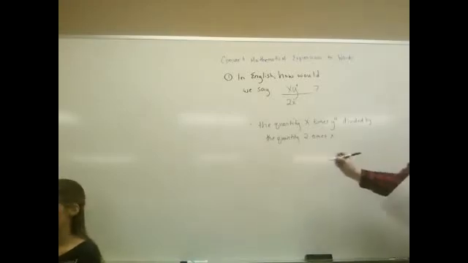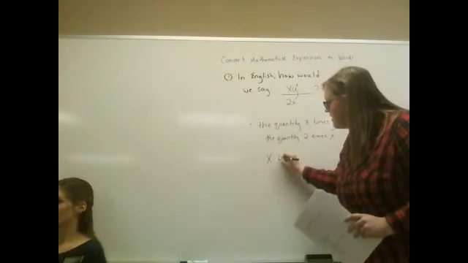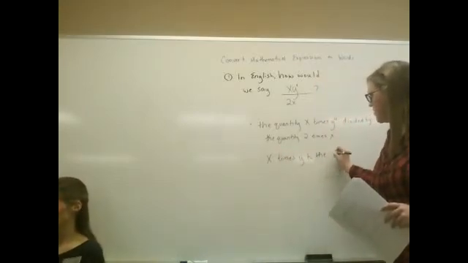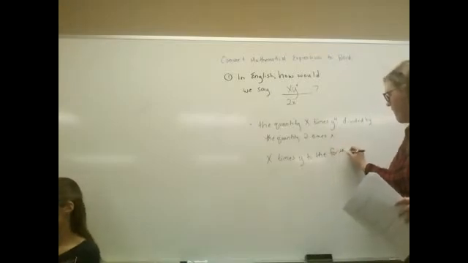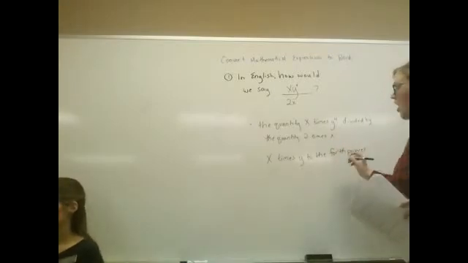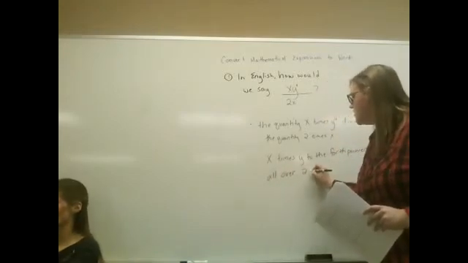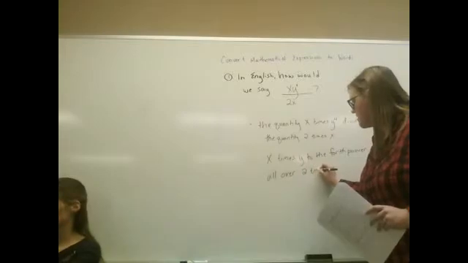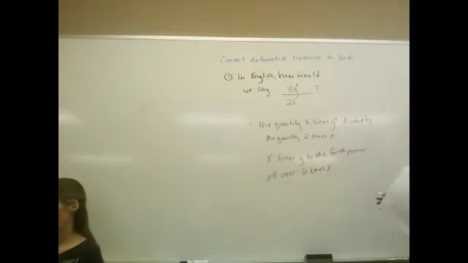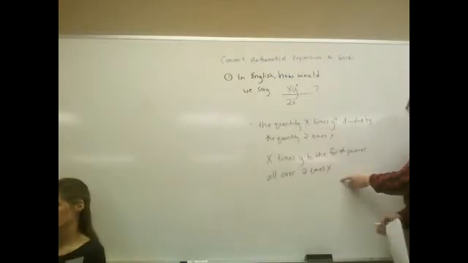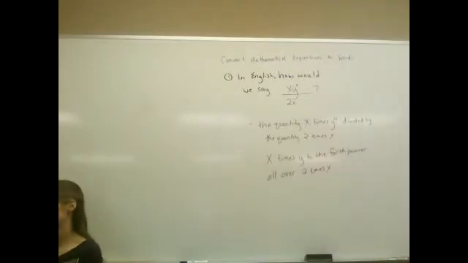You could say x times y to the 4th power, all over 2 times x. Whenever you say "all over," it implies that everything before it is in the numerator and everything after it is in the denominator.